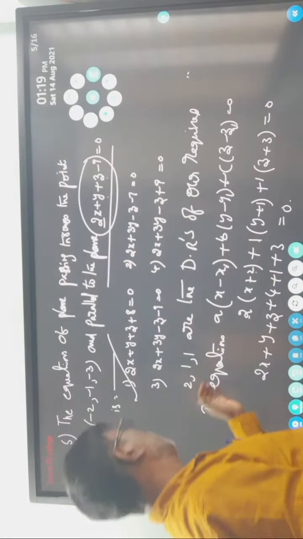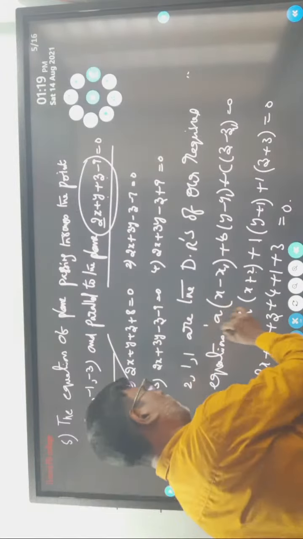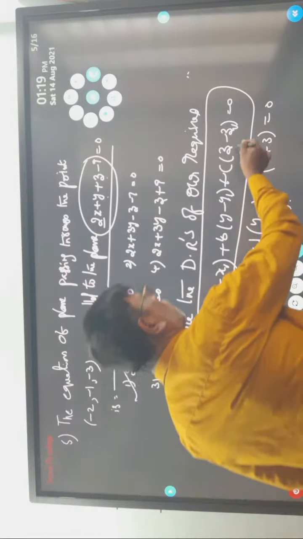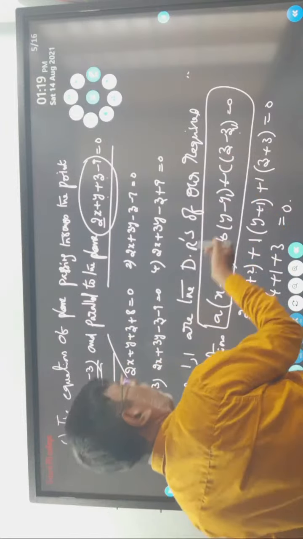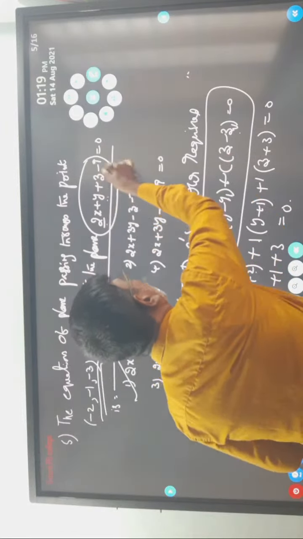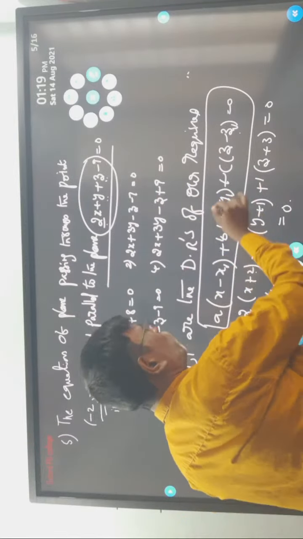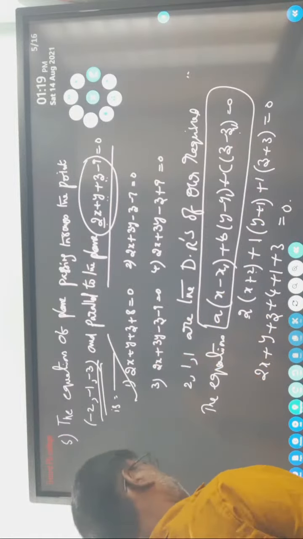Apply the formula A into x minus x1, B into y minus y1, C into z minus z1. The plane passes through this point and the normal DRs are given as 2, 1, 1, which gives the correct answer.